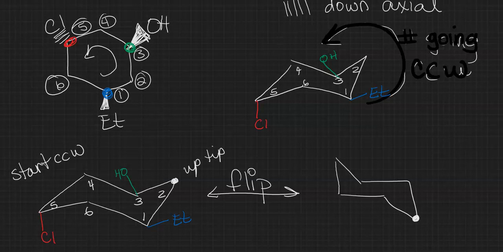So you notice when I draw my other ring, I now have a down tip where the up tip was. And I keep my numbering the same. It was going counterclockwise. So that stays the same.